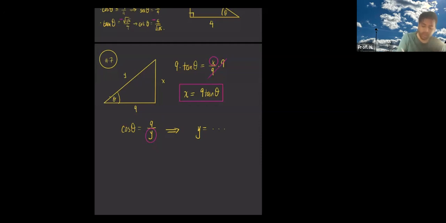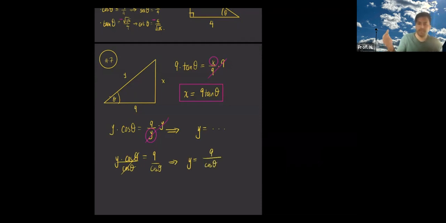One way you can is multiply y on both sides. If you multiply y on both sides, the y is no longer in the numerator, and now you get y times cosine theta equals 9. But what's the goal, guys? Get y by itself. So then what do? Divide by cosine theta, and look what we get. Y is equal to 9 over cosine theta.